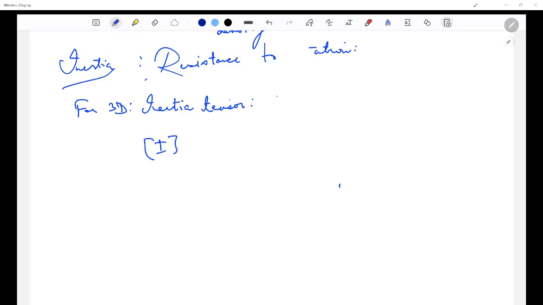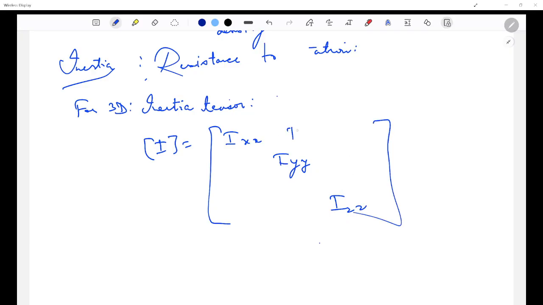It is given by I, which is the matrix with Ixx, Iyy, Izz on the diagonal, and Ixy, Ixz, Iyz as the off-diagonal terms. Okay, so the matrix describes how mass is distributed.